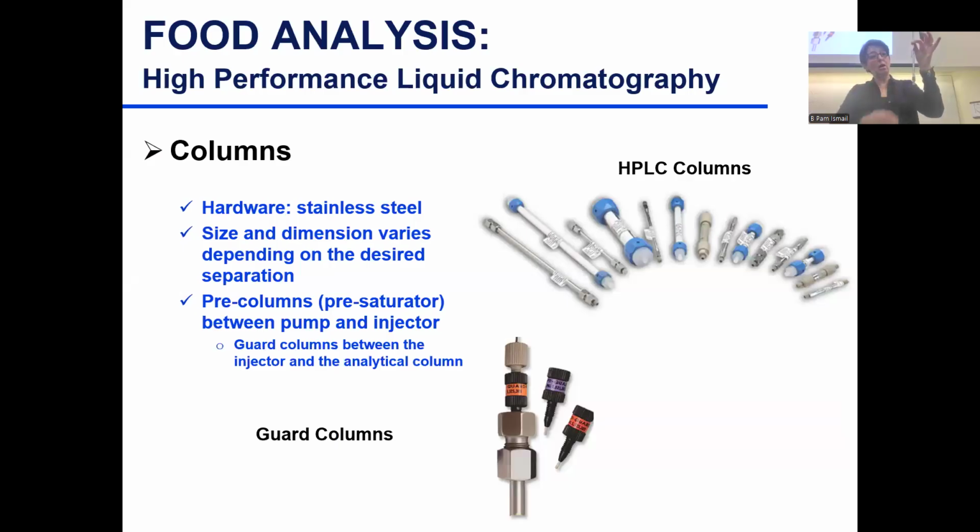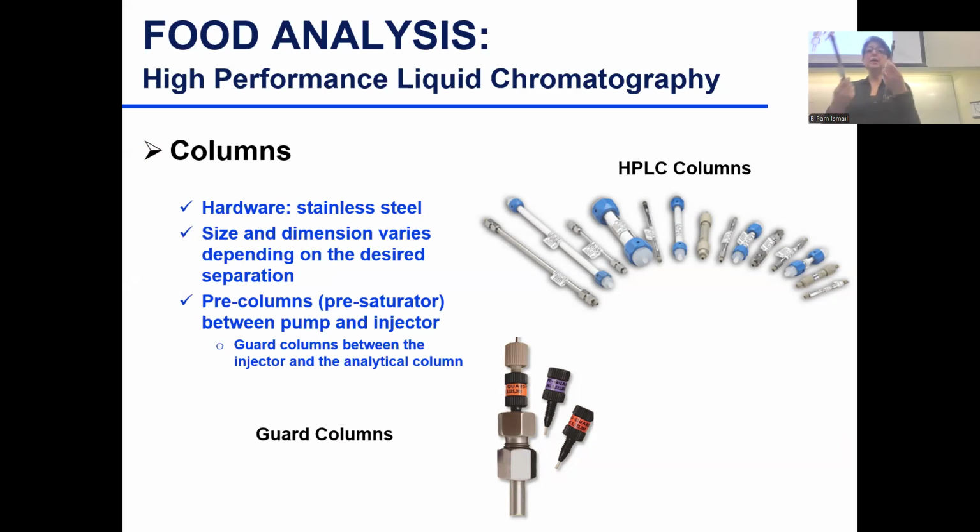Narrower also means you reduce the mass transfer factor, so there's not a lot of time spent on the stationary phase. It goes in and out faster. So the thinner the column, the longer the column, the better the resolution.